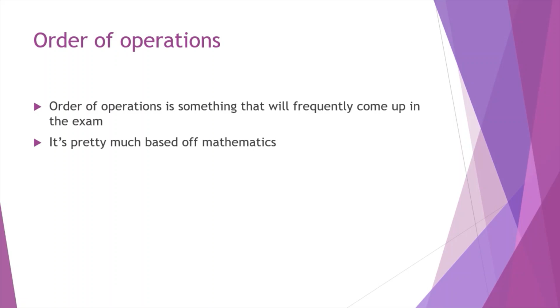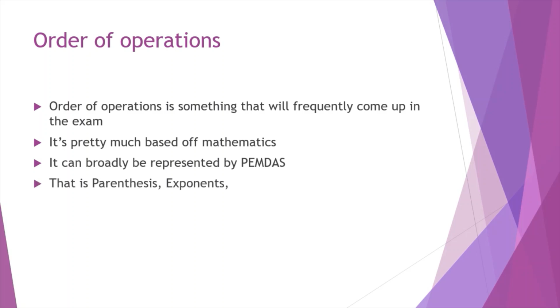It's pretty much based off mathematics, you know, it's the same in any programming language, and if you remember at school in maths you probably had an acronym for it. It can broadly be represented by PEMDAS or whatever acronym you guys use. That is basically parenthesis first, then anything inside the parenthesis obviously, exponents, so basically anything to the power of.